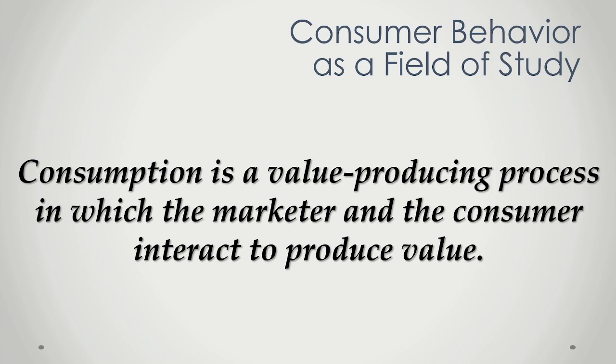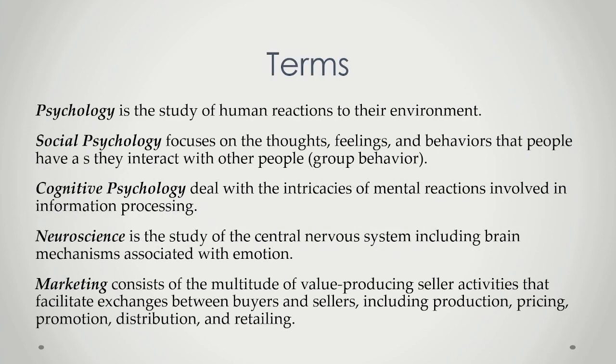All right, very good. Now, here are some terms, guys, that I want you to be familiar with as I'm looking through the chapter here when it comes to economics and consumer behavior. Remember, psychology is the study of human reactions to their environment.